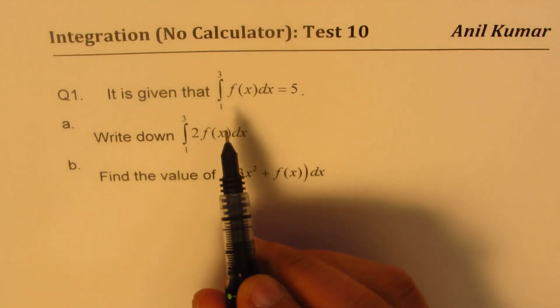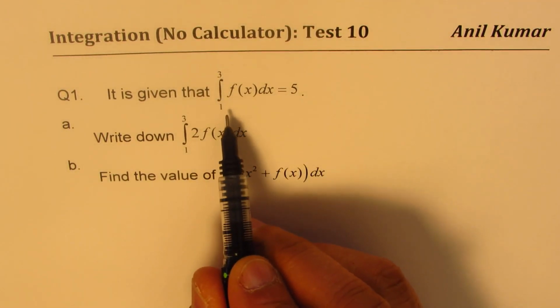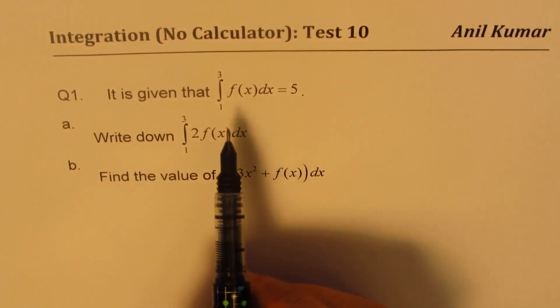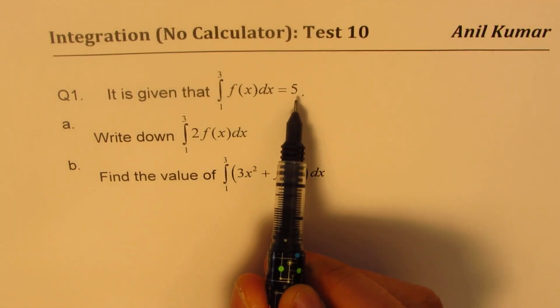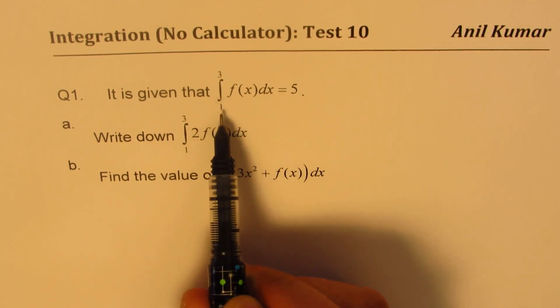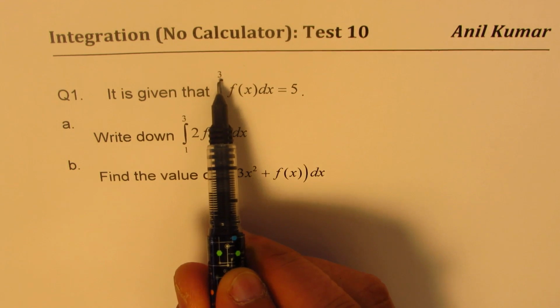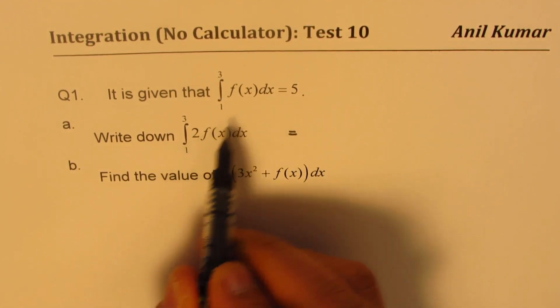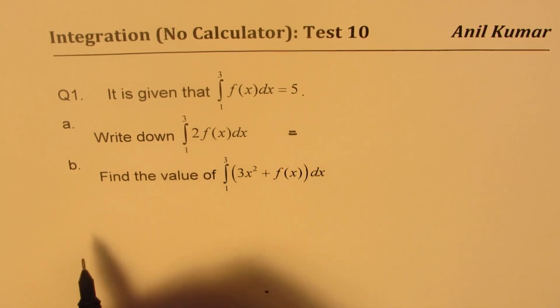Now as you understand, every definite integral will lead to a number as a solution, right? We are already given the number 5 representing this definite integral where the lower bound is 1 and the upper is 3. Now we need to find what happens when we multiply this by 2.